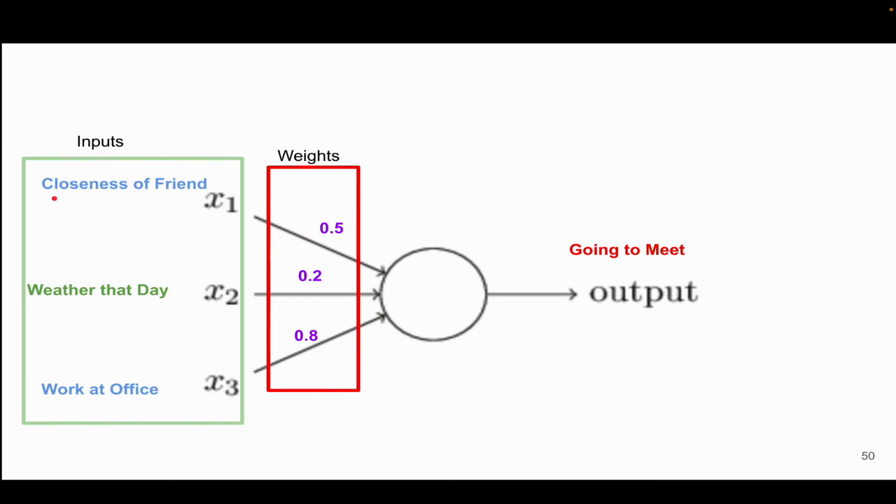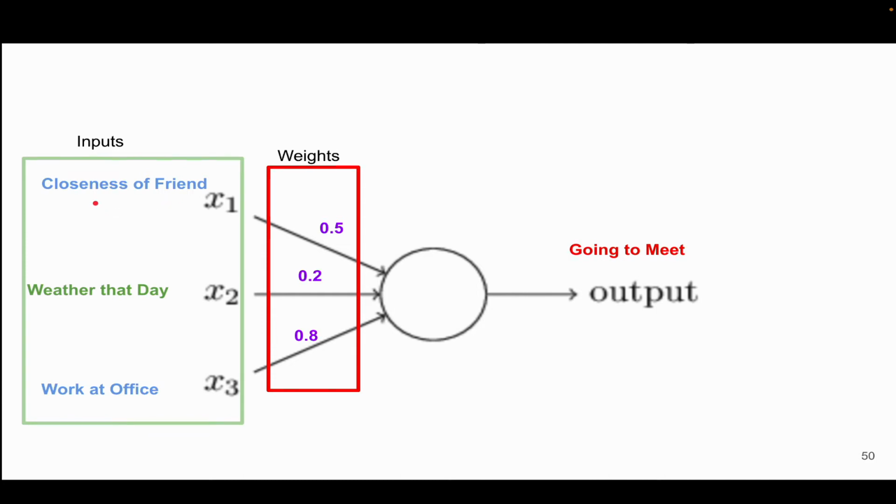And for each of the inputs x1, x2 and x3 we will try to make it between 1 to 10. Why 1 to 10? We will just make it 1 to 10 as a proper range. If the friend is very close, I will make it 9 or 10.